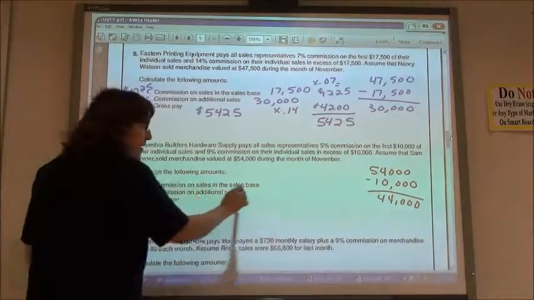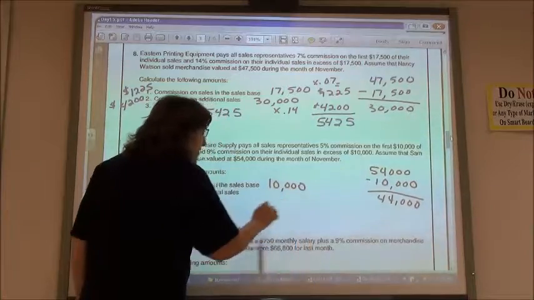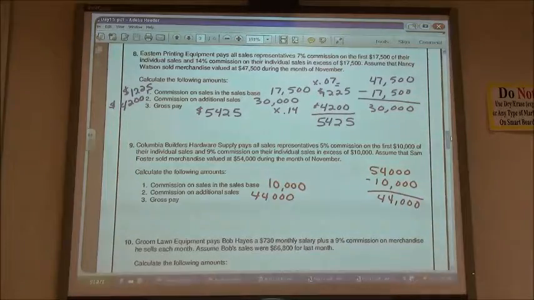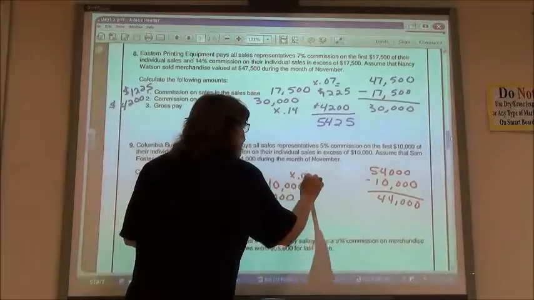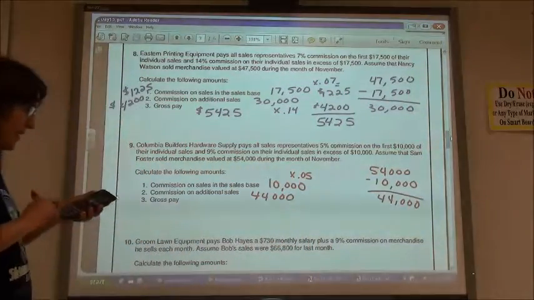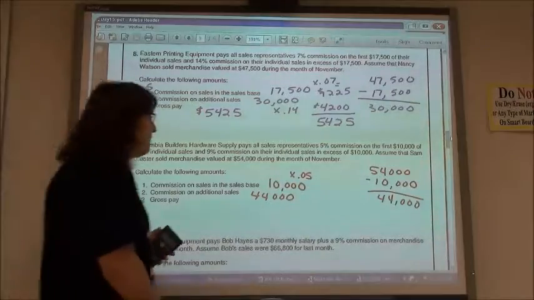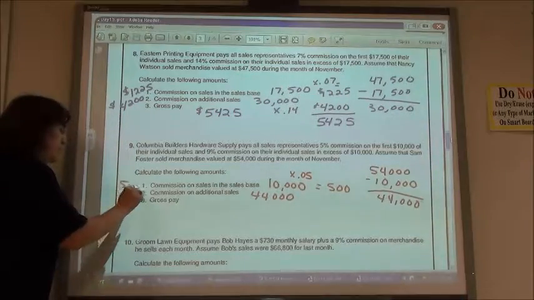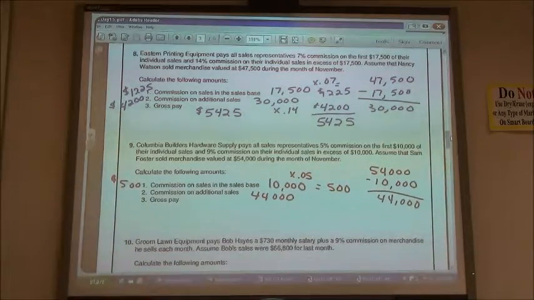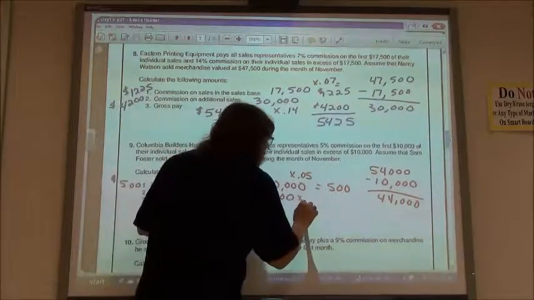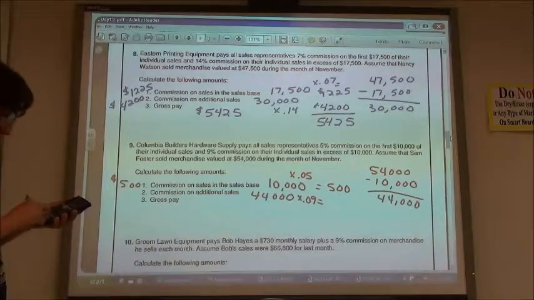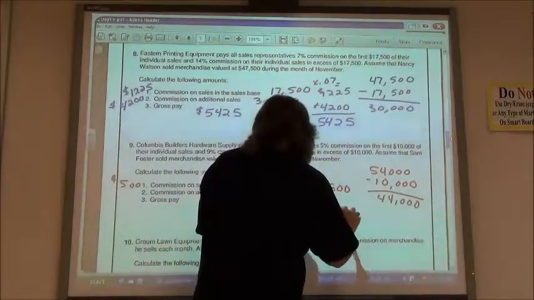And so the amount for the base is $10,000. The amount for the excess is $44,000 to make our total of $54,000. My commission on my first $10,000 is 5%. So if I take $10,000 times 5%, I get $500. 9% commission on the amount over that, so 0.09 times my $44,000 means we have $3,960.